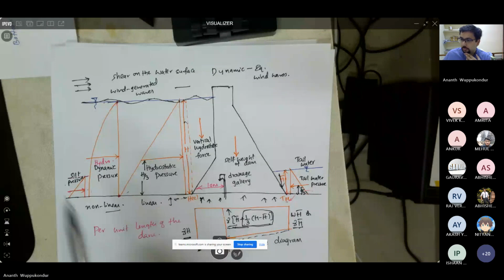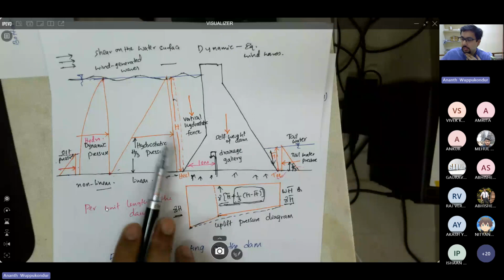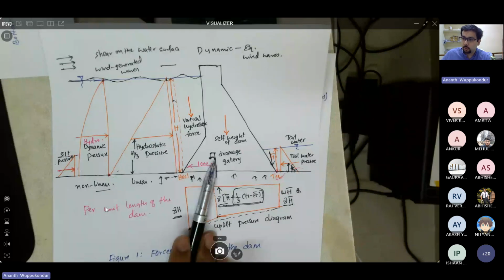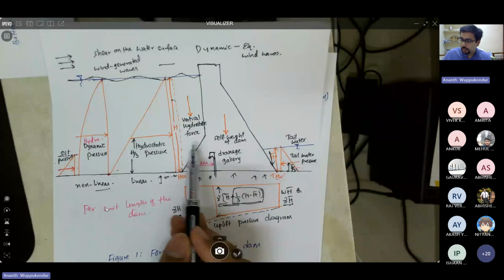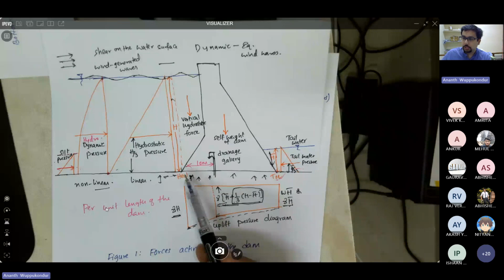And you have uplift pressure, which is dependent on the tailwater level and the upstream water level. And if you have any galleries or drainages that releases the water, so water has tendency to percolate into the dam through the pores, and also it can seep into the foundation. So it is going to exert uplift pressure.